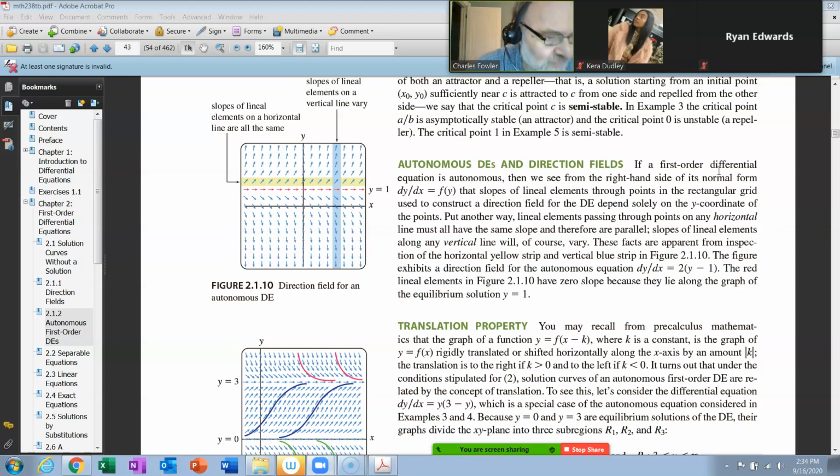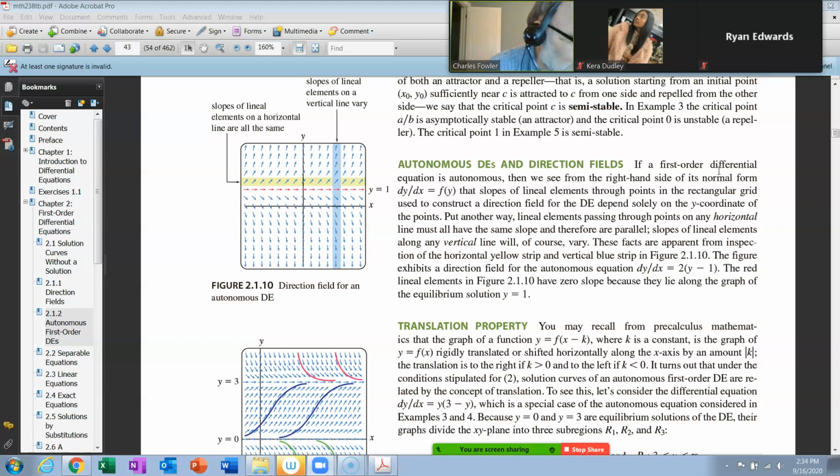We're in Chapter 2, First Order Differential Equations. We're in 2.1, Solution Curves Without a Solution. Sort of sounds like an oxymoron, but it makes sense in this context. We're on page 43, near the top of the page.